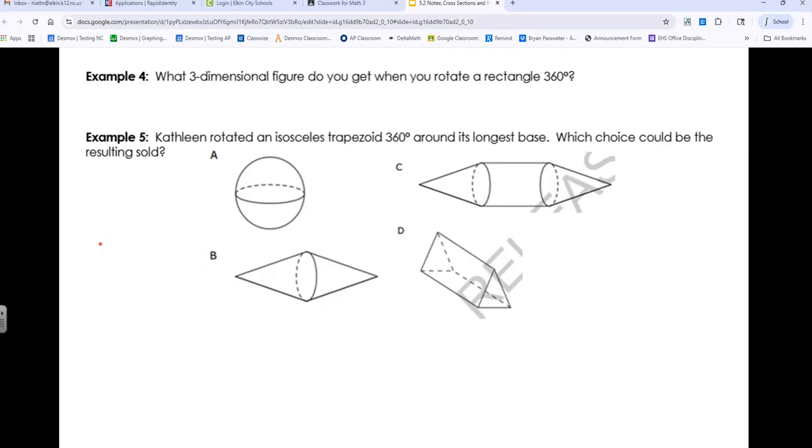Pyramid? Cylinder? Definitely not a pyramid. Anytime you're rotating, it's going to create circles, right? So if I take this and rotate it around like this, the top edge of this is making a circle as it spins. So it would be a cylinder.